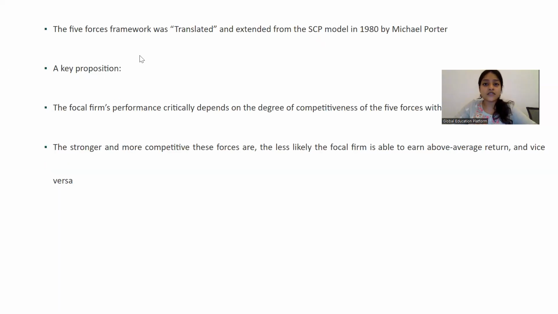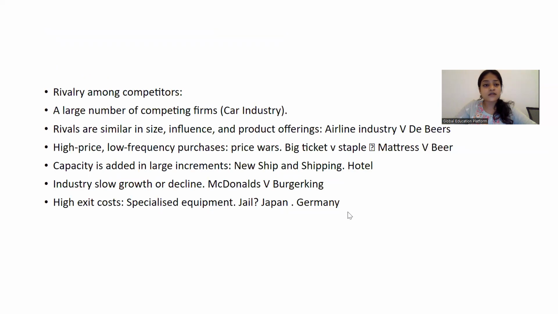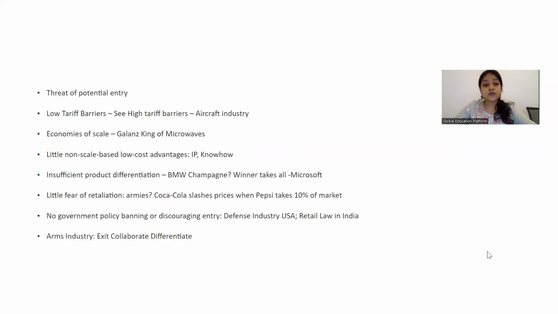They have pointed out the elements here of the five forces. They're looking at the rivalry among competitors. These are some of the elements that you could look at when you are analyzing rivalry among competitors. And then you have threat of potential entries. So barriers come into play, economies of scale, because when an organization has all these benefits, it's unlikely another subsidiary could come into the market, because even if they come, they will not be able to operate.